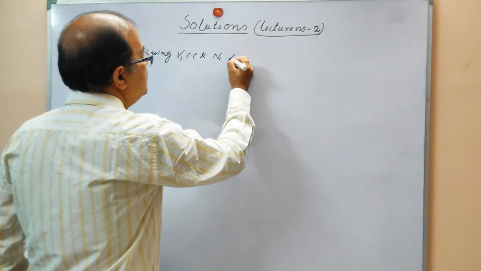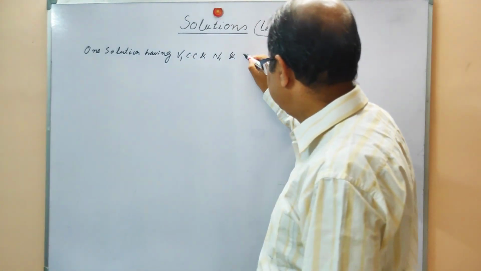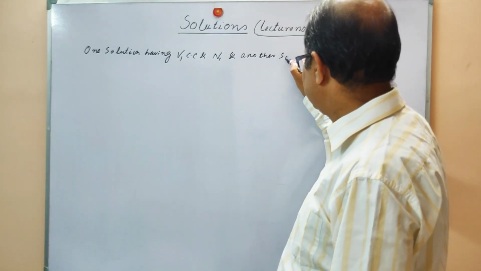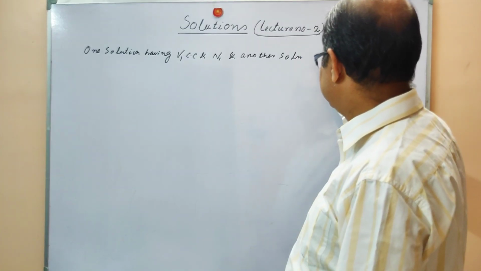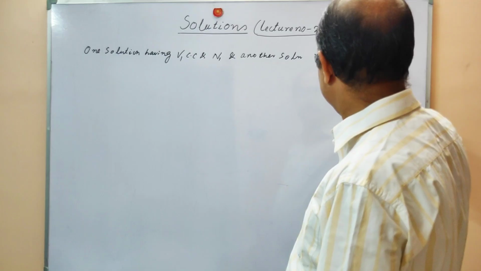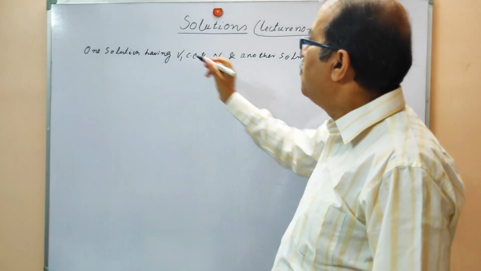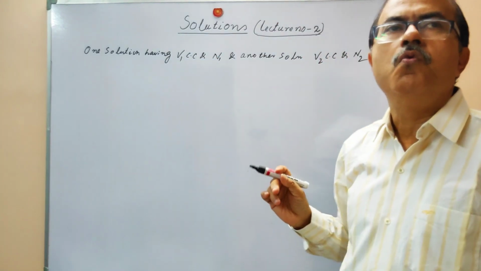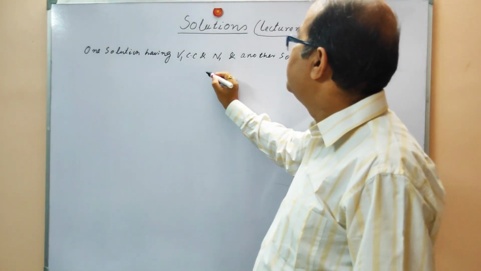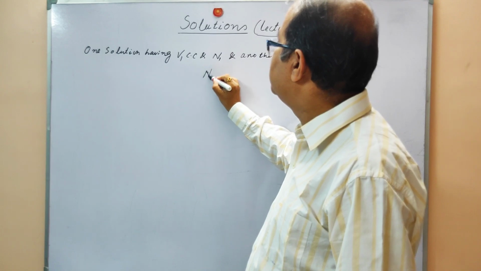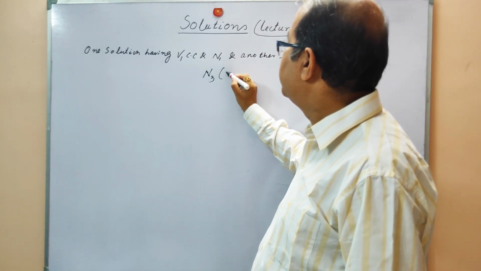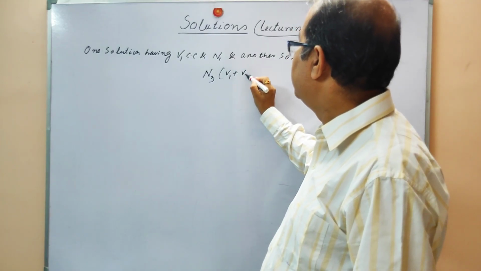And another solution, its volume is B2 cc and its normality is N2. When we mix these two solutions, what will be the normality of the resultant solution? Suppose this normality of the resultant solution is N3, then we can calculate it by this formula.